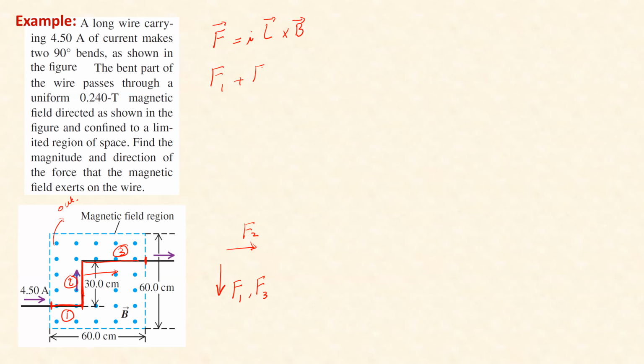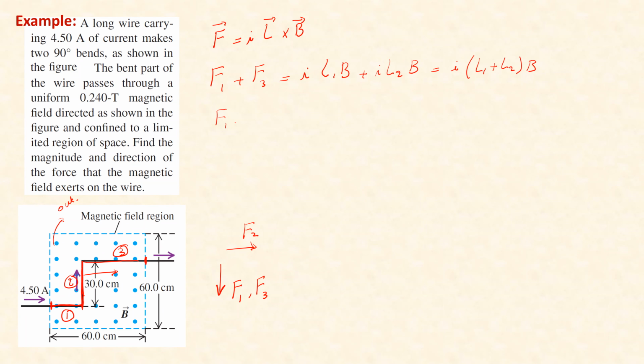F1 plus F3, you can do that together. This here becomes I, L1 cross B. If they are perpendicular, we can just write the magnitudes. I L1 B plus I L2 B. So you see it becomes I times L1 plus L2 times B, which is 60 centimeter, right?